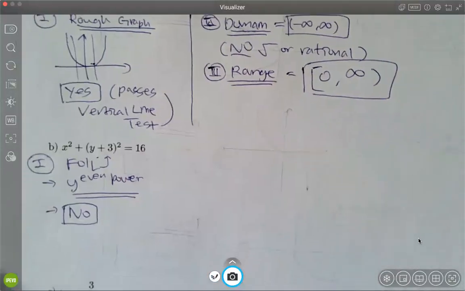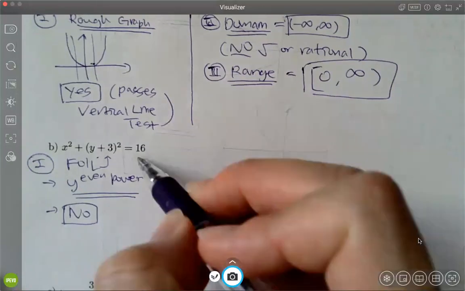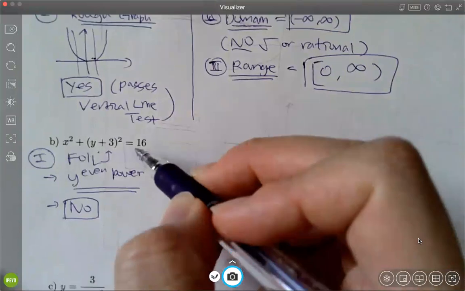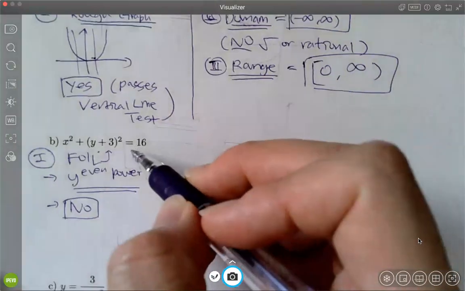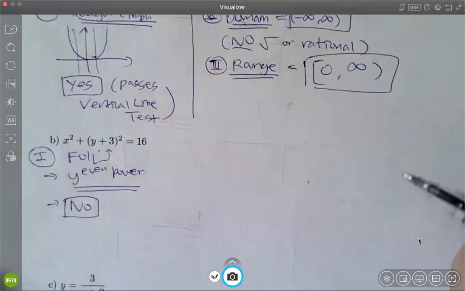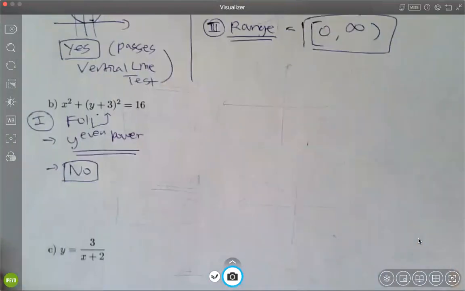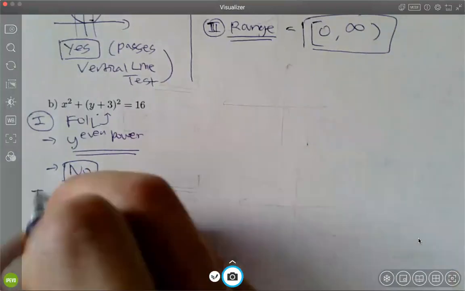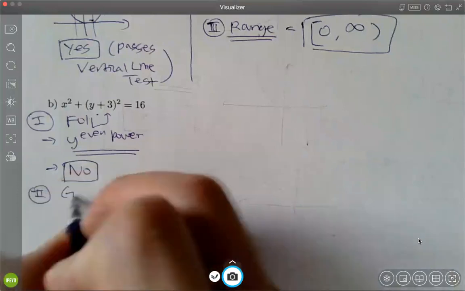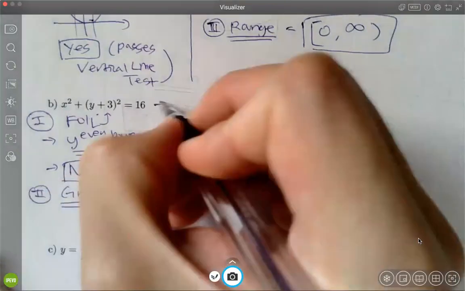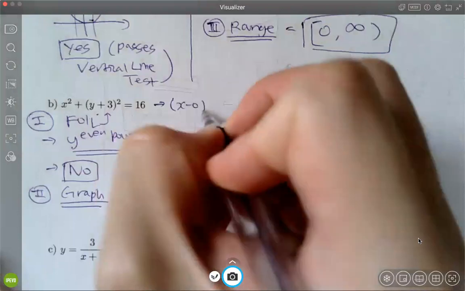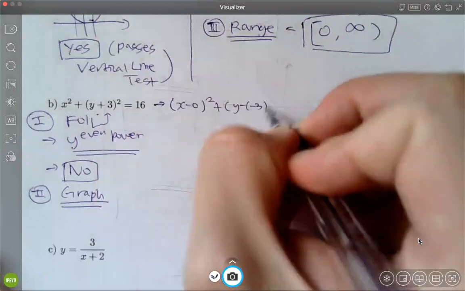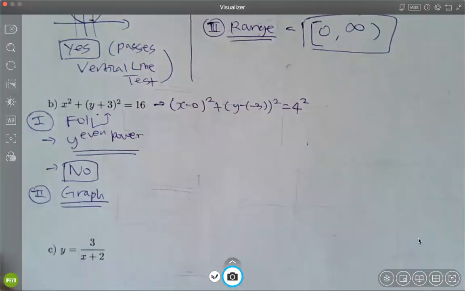Okay. So now, alternately, what you can also say is, can you see the rough graph of this? How does the graph look like? So here's my hint. We can rewrite this as that. Does it look familiar?